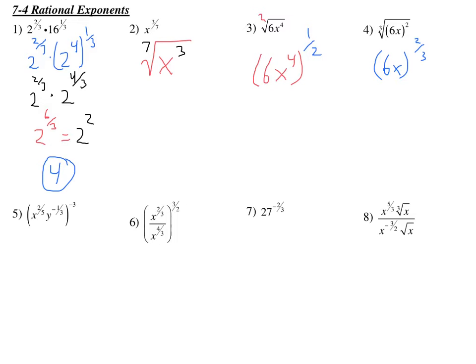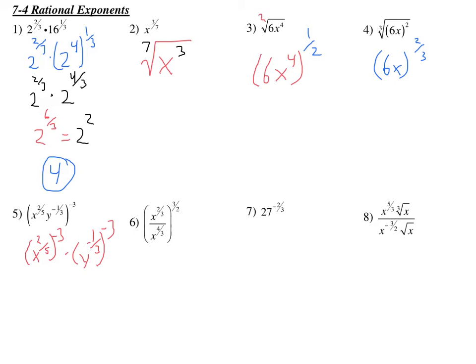Okay, this problem right here, we are going to just simplify. So here we go. What we're going to do first is take this negative third power to both pieces. So I will have x to the 2/5 to the negative third times y to the negative 1/3 to the negative third.